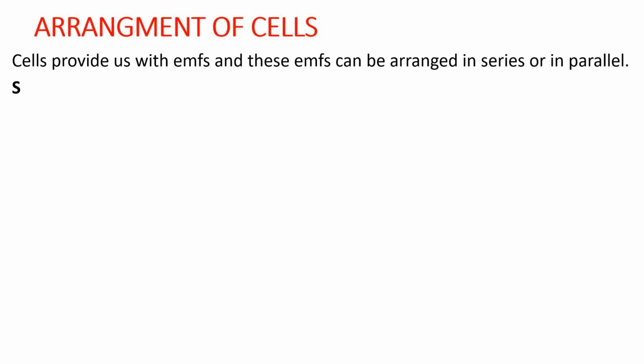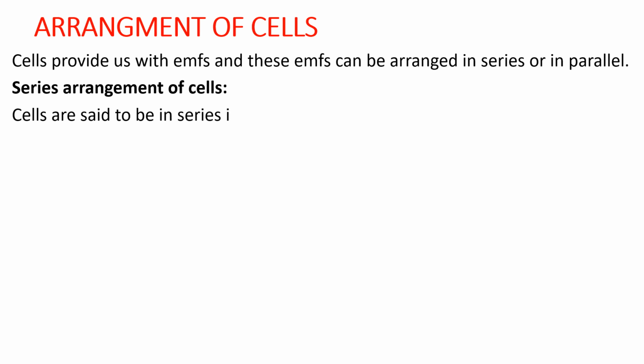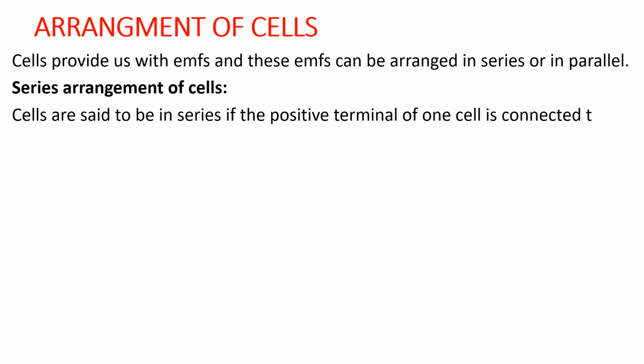Otherwise, there is the arrangement of cells. Cells can be arranged in series and parallel because they are the ones providing us with EMF. For series arrangement, we connect the positive terminal of one cell to the negative terminal of the other.